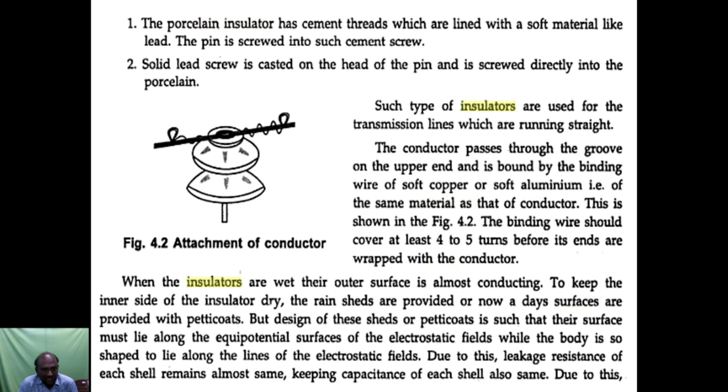Structure of the pin type insulator with conductor: the post insulator has cement threads lined with a soft material like lead. The pin is screwed into such a cement screw, for the provision of the conductor through the insulators.